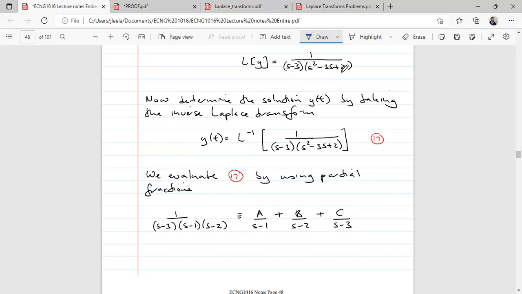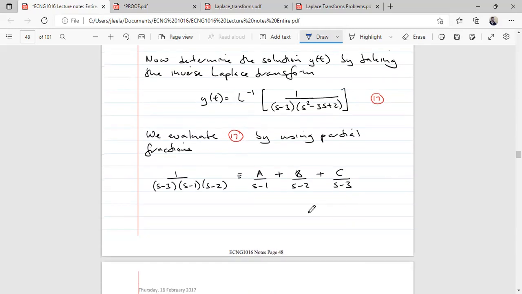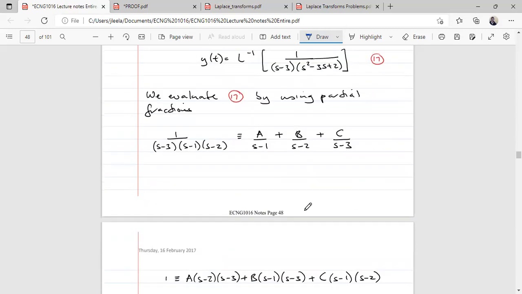Now this quadratic here is a reducible quadratic. So if you notice here, this could factorize into s minus 1, s minus 2. So you end up here with 3 simple factors. So therefore the partial fraction breakdown would be a over s minus 1 plus b over s minus 2 plus c over s minus 3, right?